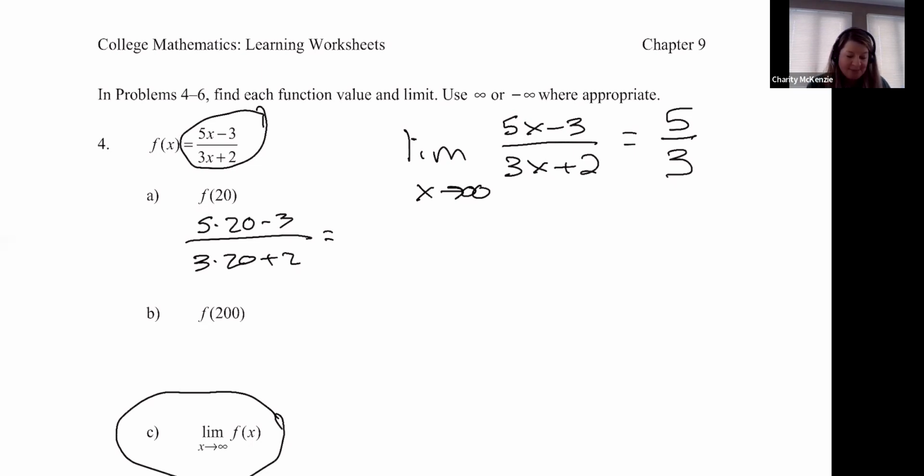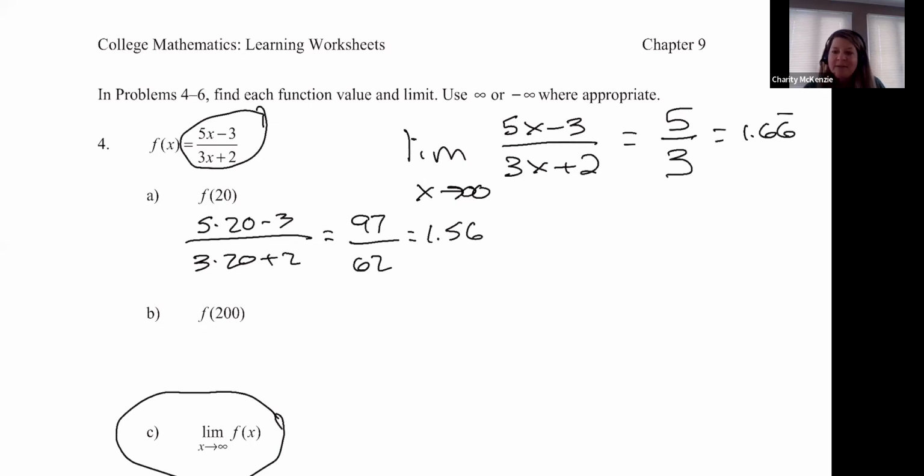So 20 times 5 minus 3 is 97. 3 times 20 plus 2 is 62. So 97 divided by 62 is 1.56. And 5 divided by 3 is 1.66 repeating.